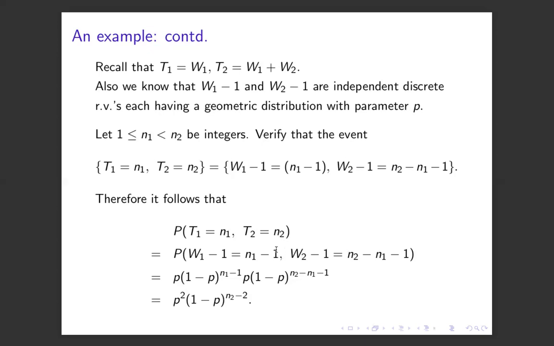This is the probability of W1 equal to N1 minus 1 multiplied with the probability of W2 equal to N2 minus N1 minus 1. Since these have geometric distributions, you know the exact expression, and plugging those in, you finally find that probability T1 equal to N1 and T2 equal to N2 is P squared multiplied with 1 minus P to the power N2 minus 2. These are all just simple steps.